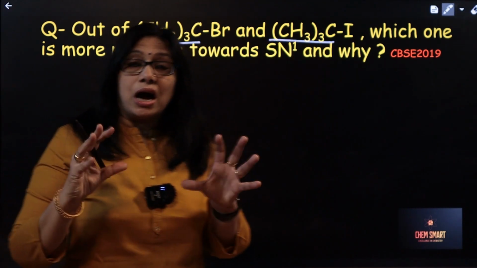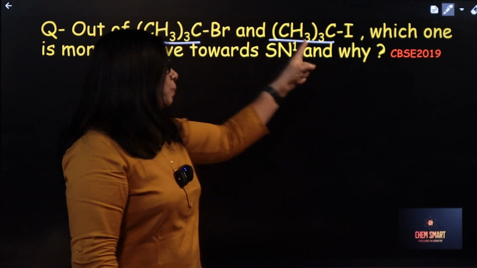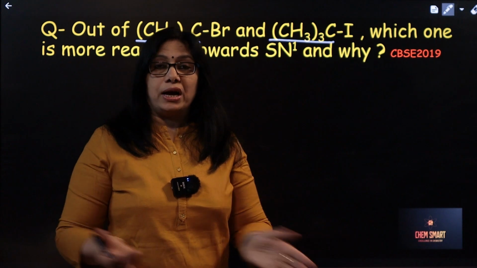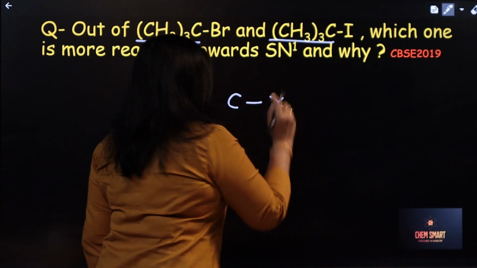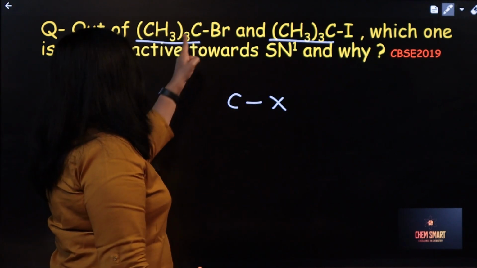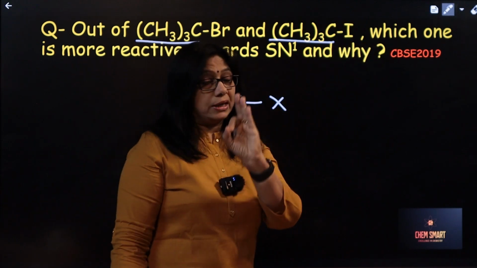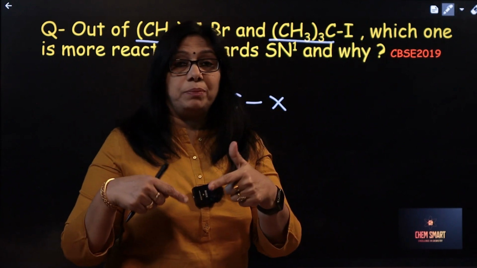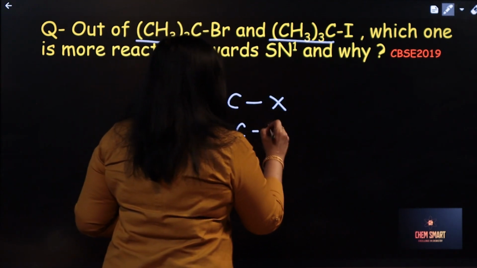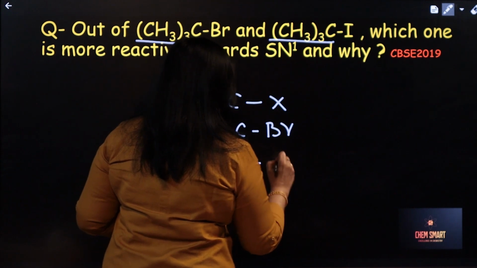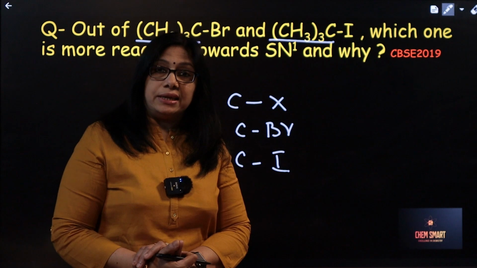That means the R group is the same. And you have studied that when the R group is the same, the order of reactivity depends on the strength of the CX bond. Here it is the C-Br bond, here it is the C-I bond. We are comparing the CX bond because the alkyl group is the same. Now, if you compare the C-Br bond and the C-I bond, which one will be weaker and easily cleaved?